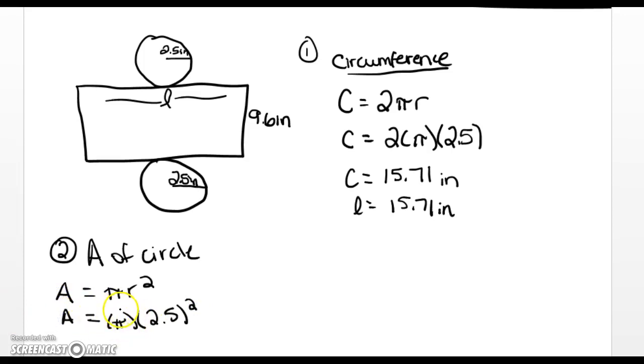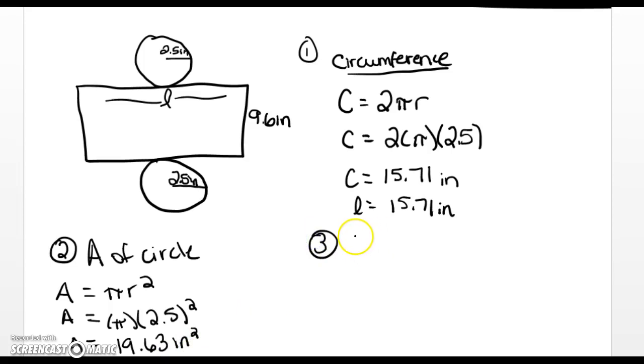So your area is equal to pi times 2.5 squared. When you're putting that in your calculator, be careful. This square only applies to this 2.5, so you might even want to put it inside of the brackets in your calculator. When you put that into your calculator, you would find that your total area for one of these circles is 19.63 inches squared.